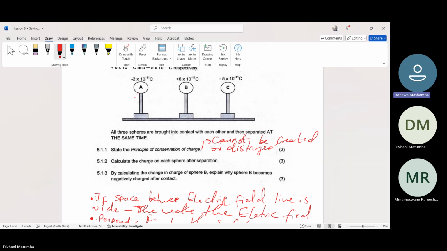So I'm not sure why, but does it have something to do with the fact that it shouldn't attract any of the charges? Okay. What is the difference between a conductor and an insulator, Mam Swan?